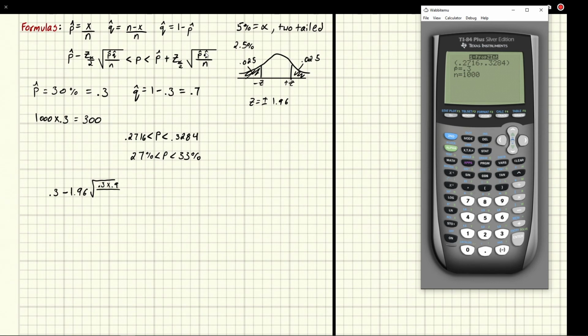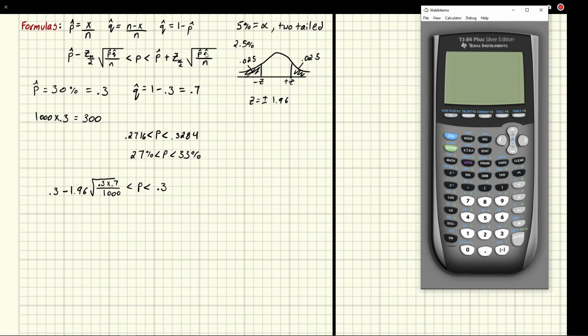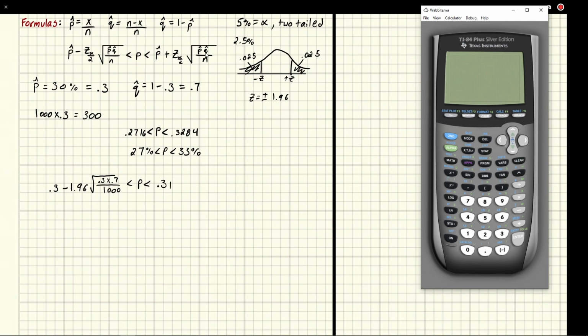Whoops, I wrote 0.9. 0.3 times 0.7 divided by n, which was 1,000. And that's one side. And then the true proportion's in the middle. And then we have our point estimate, which is 0.3, plus the error, 1.96. So here's where the positive 1.96 comes in. Then we have the square root of 0.3 times 0.7 over 1,000.